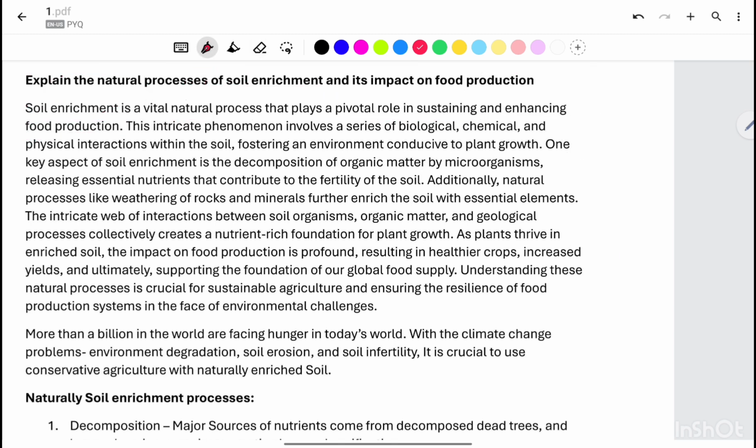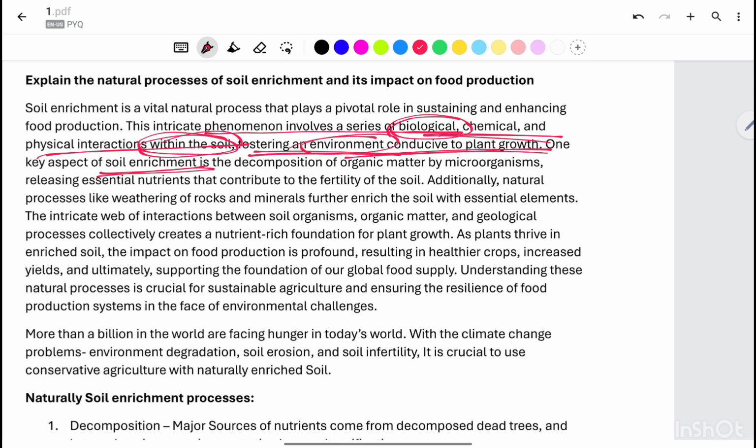This intricate phenomenon involves a series of biological, chemical, and physical interactions within the soil, fostering an environment conducive to plant growth. We need an environment which is very supportive of plant growth.